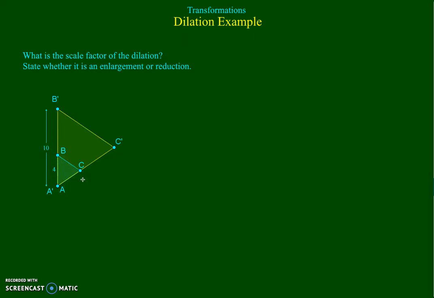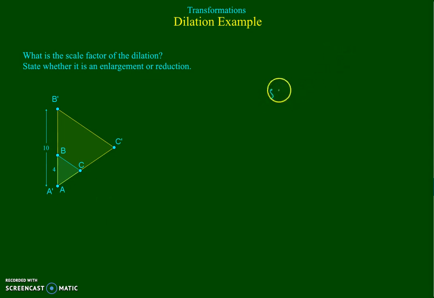Now, scale factor is nothing more than a ratio. It's a fraction, a comparison of two numbers represented as a quotient. And so the ratio is always going to be destination divided by source. That's what scale factor usually translates down to. So let me write that down for you, just so that you have that in your head.